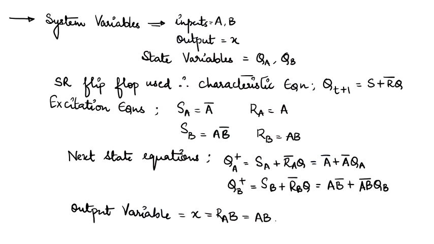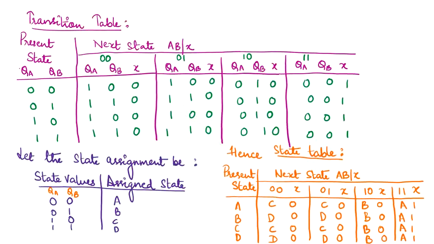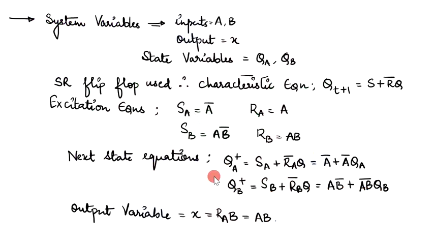So the next step would be to write the transition table. Now, in a similar manner, when we write the transition table, we have to look into these expressions for the next state equations, and that is QA plus equal to A bar plus A bar QA and QB plus equal to AB bar plus AB bar QB.